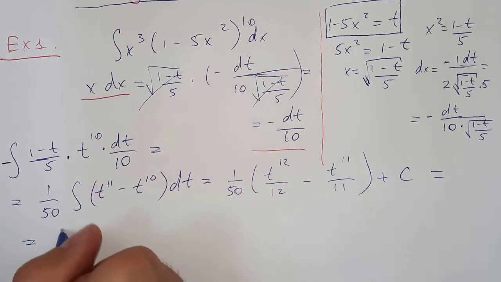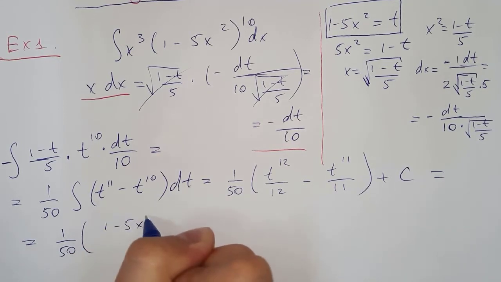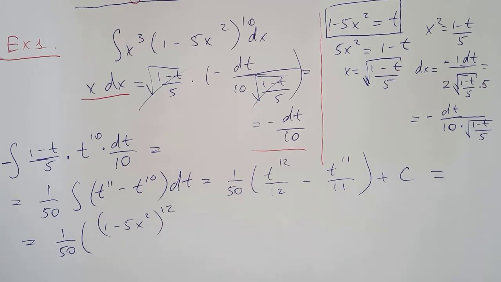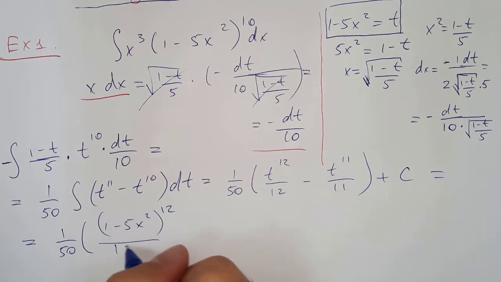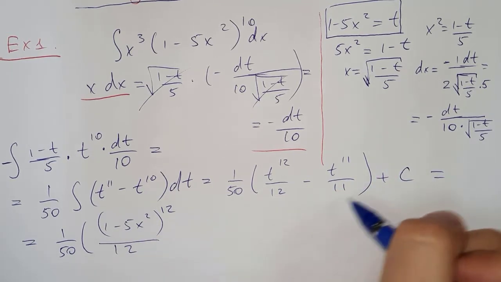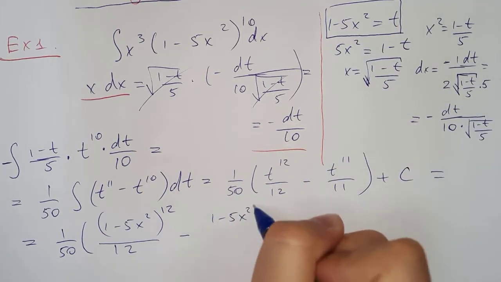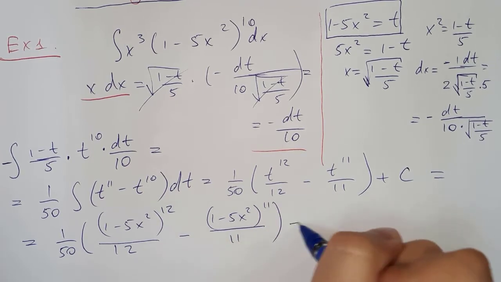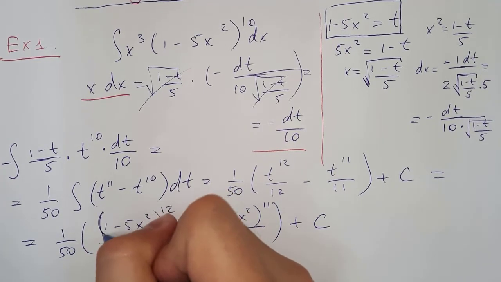So 1 over 50 times (1 minus 5x squared) to the 12th degree over 12, minus (1 minus 5x squared) to the 11th degree over 11, plus c. You can also find a common denominator, simplify this expression and get the final answer.